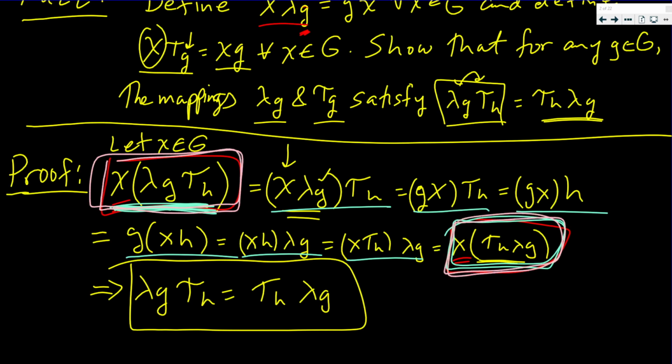And both mappings did their thing on the same element x, and got the same answers. That is, the mappings are the same. It commutes.